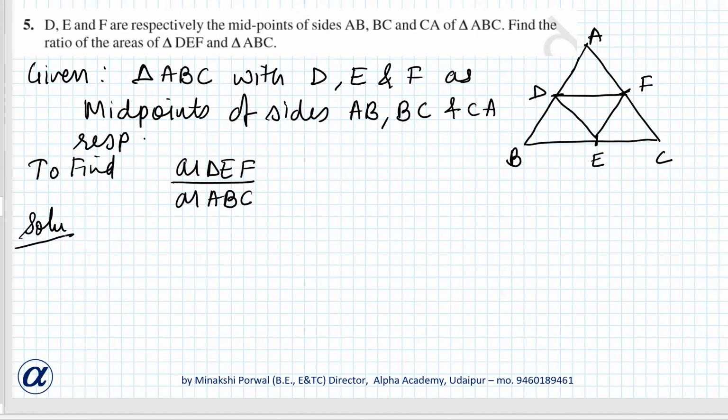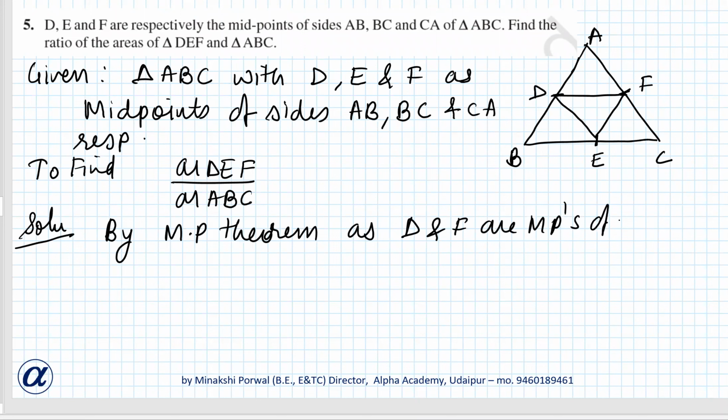We have studied the midpoint theorem in class 9th. The line joining midpoints of two sides of a triangle is parallel to the third side and half of the third side. So we can write by the midpoint theorem, as D and F are midpoints of AB and AC, therefore DF is parallel to BC.